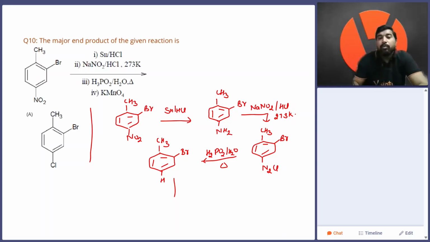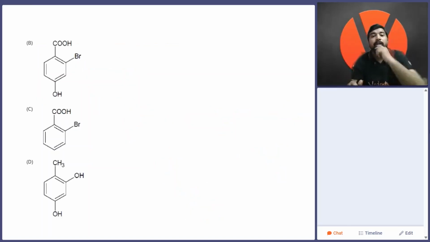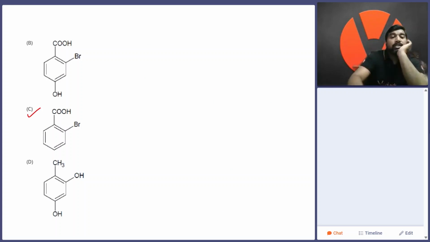After this, KMnO4 is a strong oxidizing agent which converts the toluene into benzoic acid. So it reacts with CH3 and converts it into COOH and the Br. This should be the final product. Let's cross check the answer. Which option should be the right one? From here we can say option C should be the right option. Yes, definitely C is the right answer.